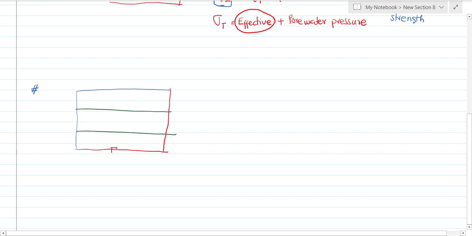Now, if I want the stress at this point, it is as a result of the weight of this soil, the weight of this soil, and the weight of this soil. So in this case, the total stress is going to be the geostatic stress as a result of the first soil, plus the geostatic stress as a result of the second soil, plus the geostatic stress as a result of the third soil. And that will be it. So let's take some examples, then we look at it.